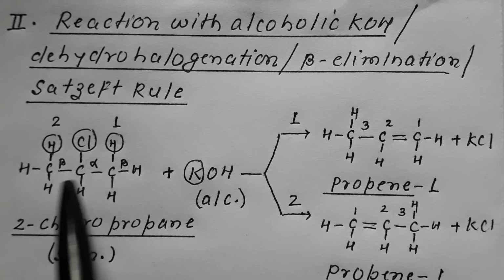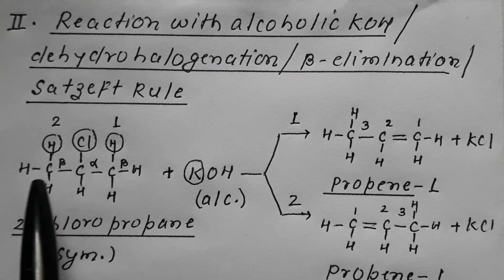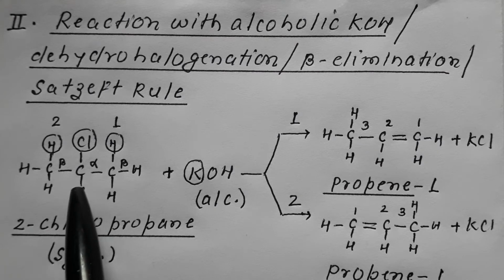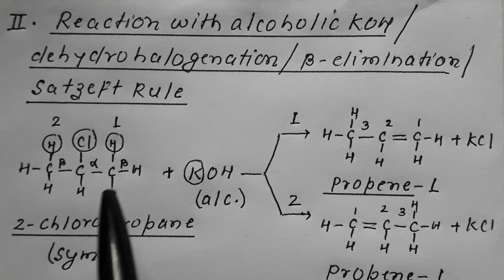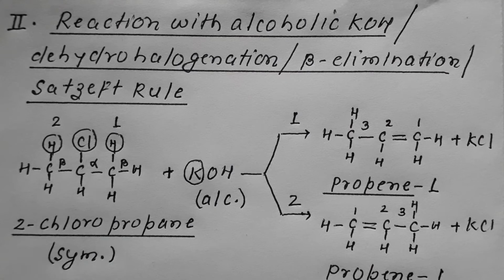The neighbors are termed as beta. So there are 2 beta carbons. The carbon having halo is alpha carbon, their neighbors are termed as beta carbon, and hydrogen on them are termed as beta hydrogen.